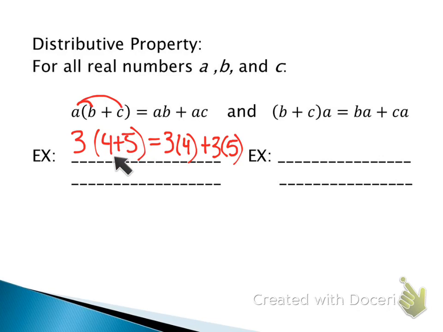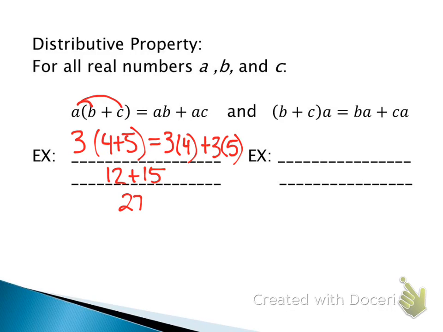But we keep that addition sign in between them. When we do that, of course, 3 times 4 is 12, and 3 times 5 is 15. We could add those together to get 27. That's not the only way to do that problem. We've done this before by adding up first and then multiplying by 3.